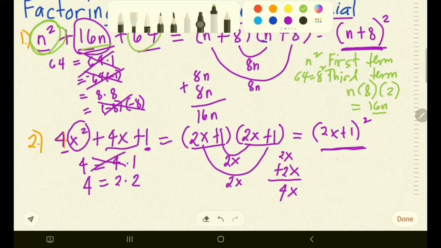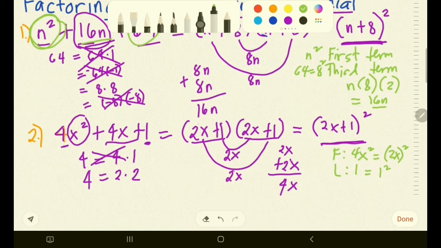Let's check. Okay, the first term, that is 4x squared. Expressed with a base of 2, that is the quantity 2x squared. So, very obvious, 4x squared is a perfect square. Okay, the last term, or the third term, 1. 1 can be expressed as 1 squared. So, 1 is a perfect square.